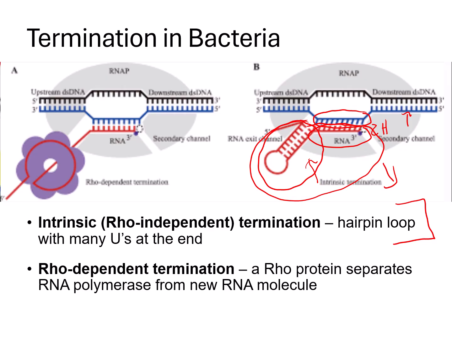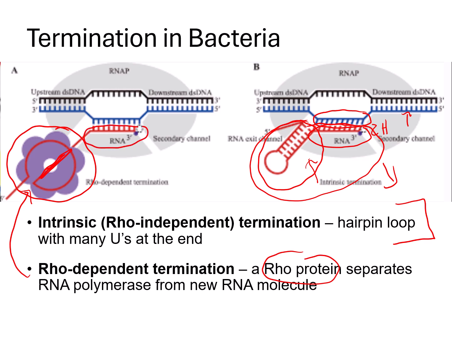In rho-dependent termination, shown here, there's a donut-shaped protein, that rho protein, that threads itself through the RNA, and that will eventually separate RNA from the template strand.